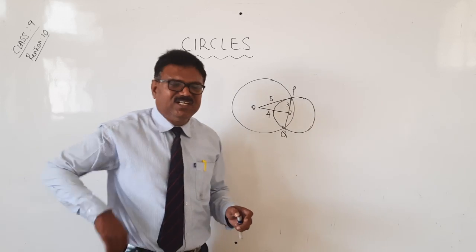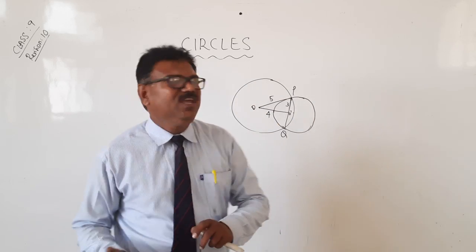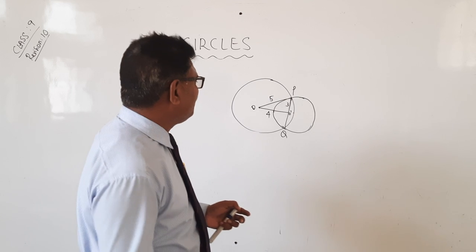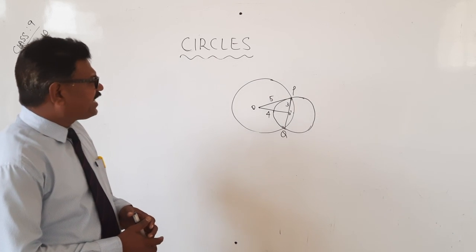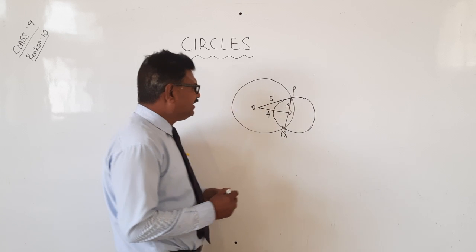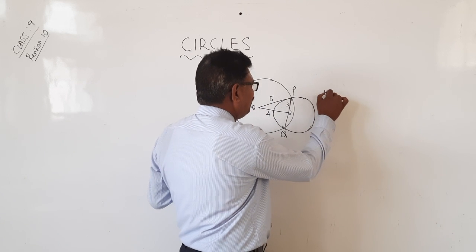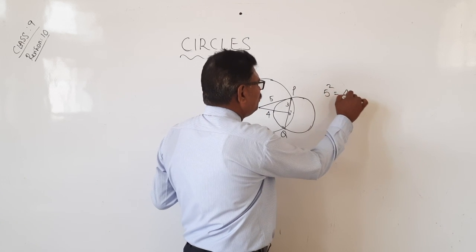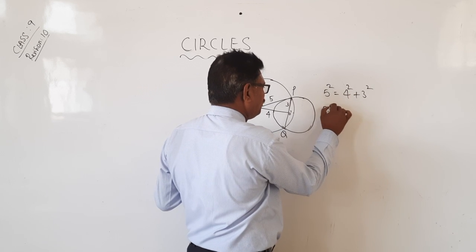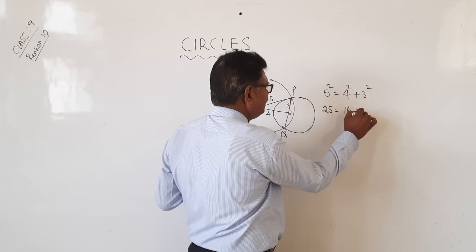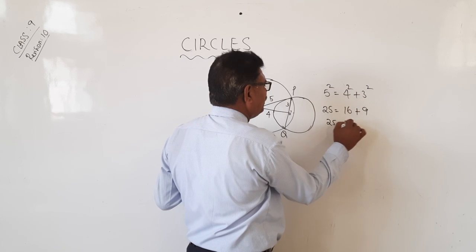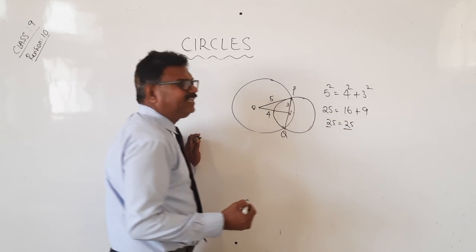Common chord means the chord which will be for the first circle also, which will be for the second circle also. If you consider the triangle O dash P, then it is very clear that 5 square is equal to 4 square plus 3 square. 5 square is 25, 4 square is 16, plus 3 square is 9. That means 25 equal to 25, so this will satisfy.